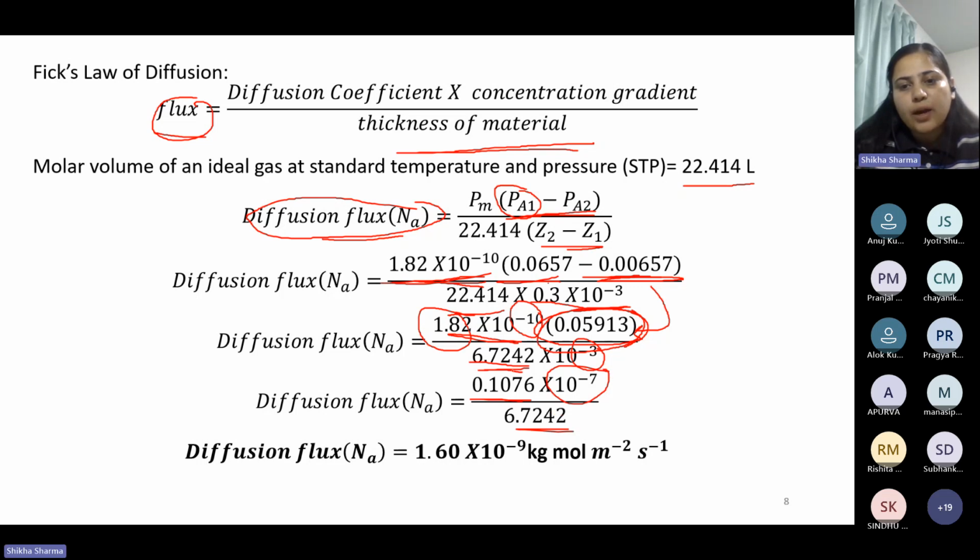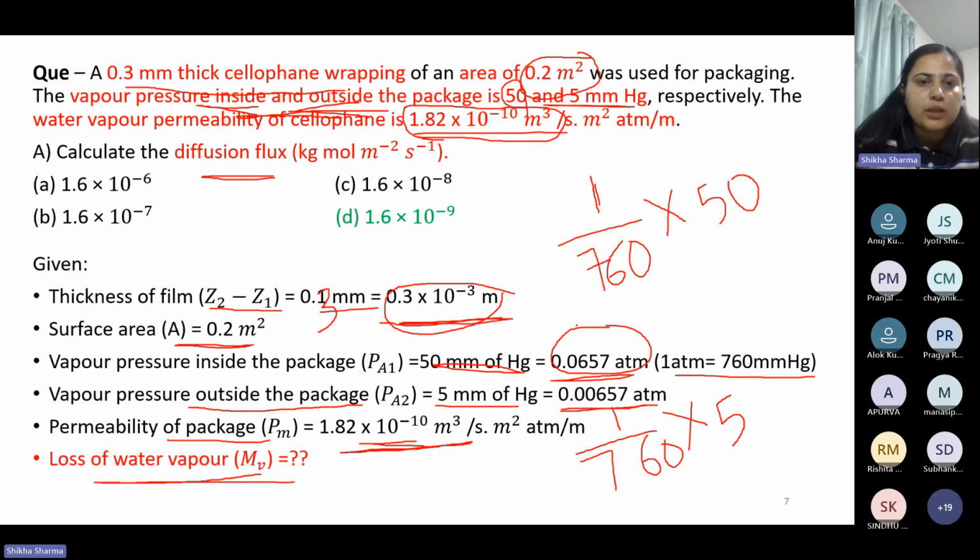So when we divide this value and solve, we are going to get diffusion flux as 1.6 into 10 to the power minus 9. So option D is correct in the first case, which is about diffusion flux.